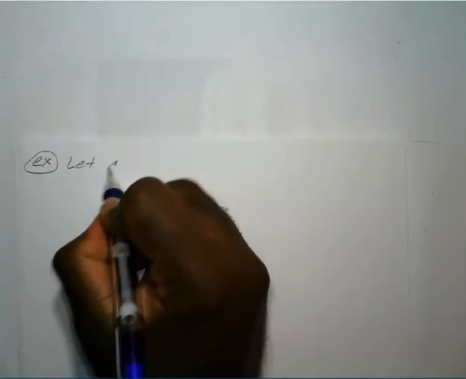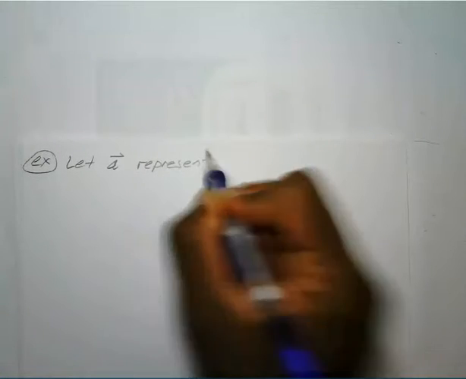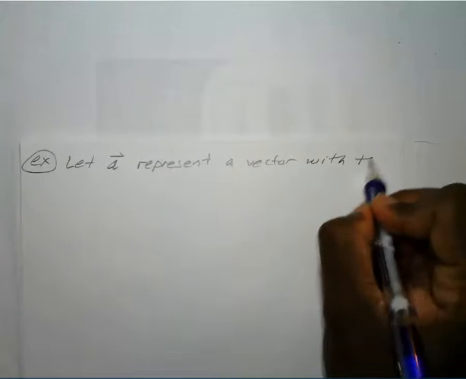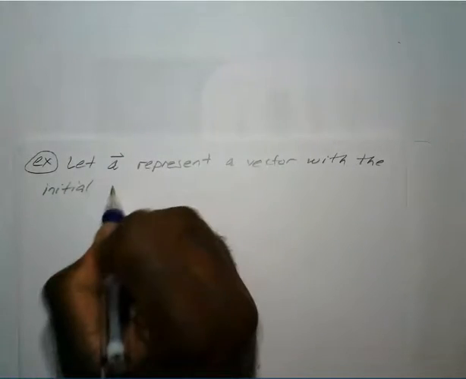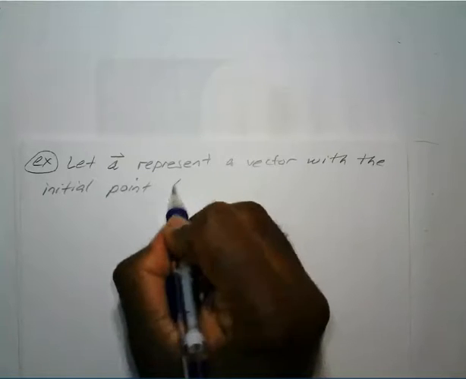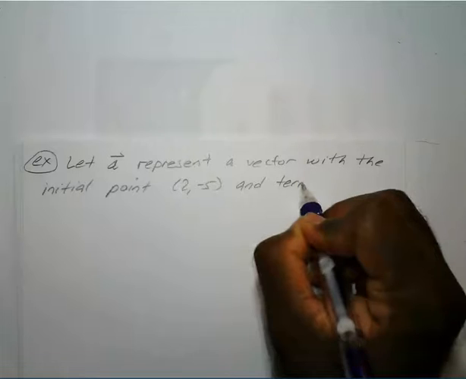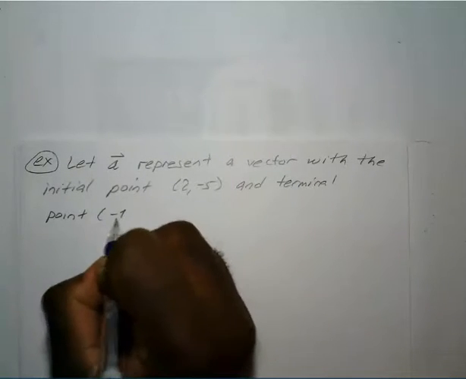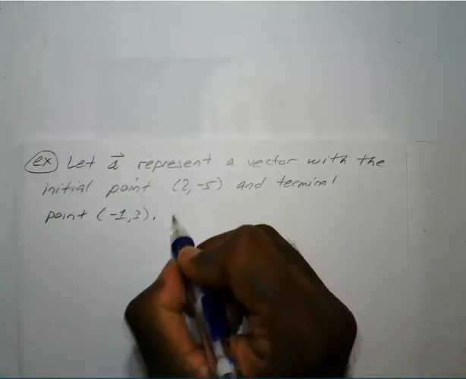All right, so for example, what if we let a vector represent a vector with the initial point 2, -5 and terminal point of -1, 3. But wait, there's more.